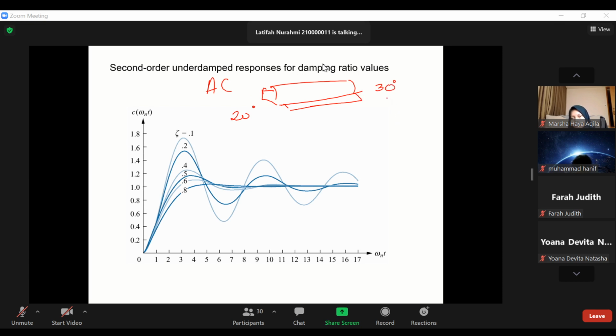This is our ambient temperature. Initially, this AC doesn't work, it is off, so it starts from zero.